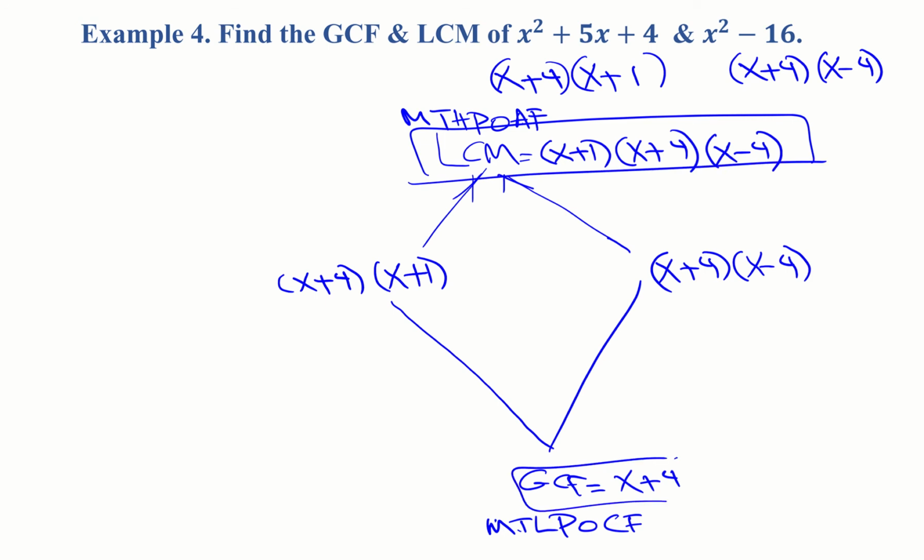And here we found the GCF. Notice two very simple, very important procedures. All right? And very important quantities and expressions. All right, so make sure that you understand this before we proceed.